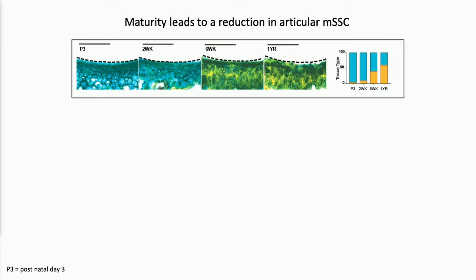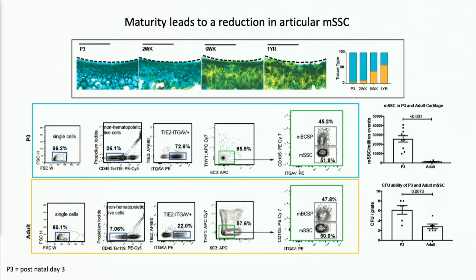So this is a pentachrome stain where we have cartilage staining blue and bone staining yellow. And you can see that there is a decrease in that cartilage at the articular joint. And looking at the cell populations, we found that there was a decrease in SSC and BCSP numbers with age. And then we plated these cells for colony-forming units to see how their self-renewal changed with age. And we can see that there is a decrease in CFUs in the adult mice compared to the P3 pups.